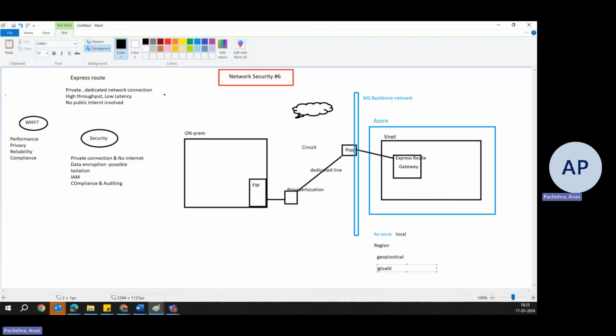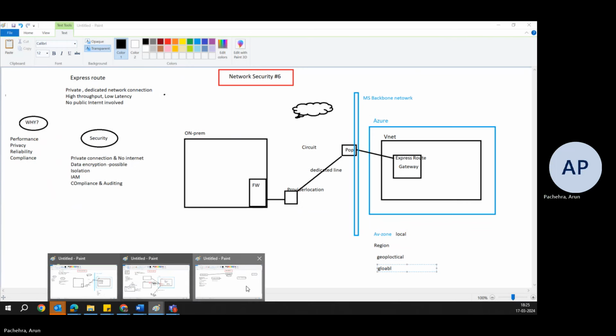For example, India comes to Asia Pacific, right? Similarly, in Europe there are multiple regions. Inside a country there are multiple regions, right? In India there are like three regions, but India is one geography. So that's how I'm trying to explain this.